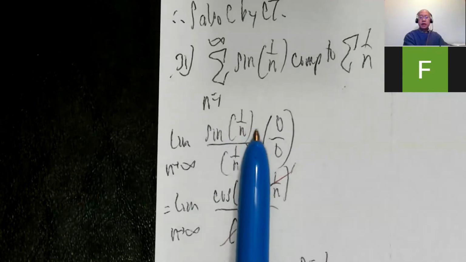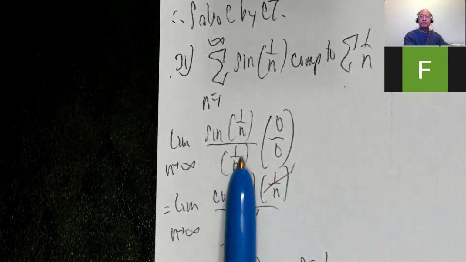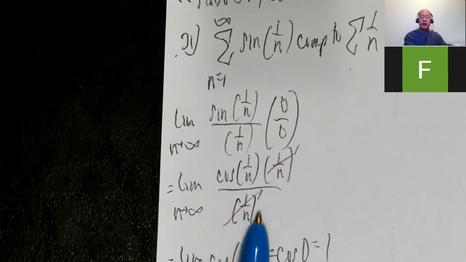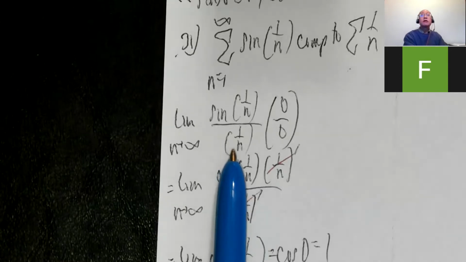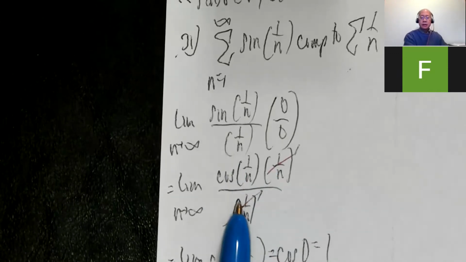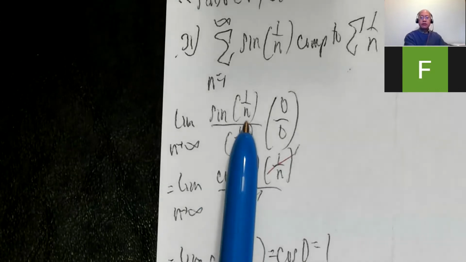So L'Hopital's rule applies. L'Hopital's rule says take the derivative of the top, derivative of the bottom. The derivative of the bottom, I'm just going to write as (1 over n) prime. I could figure out what it is, but I don't have to. It's n to the -1, so the derivative would be negative n to the -2, but I don't really need that. What is the derivative of sine 1 over n?